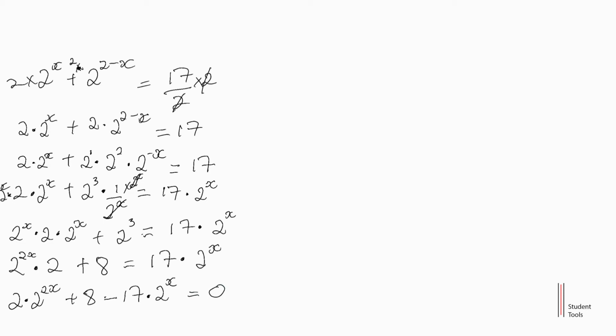Okay, now let's write it this side. So we have 2 multiplied by 2 to the power 2x. Okay, let's start with the 17 multiplied by 2x. So we will have minus 17 multiplied by 2 to the x.